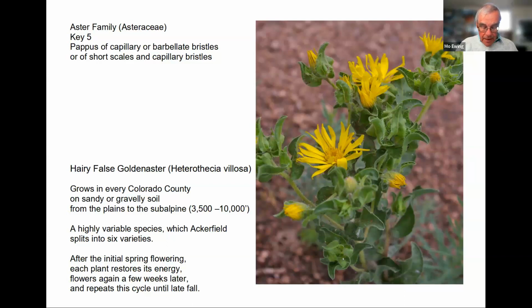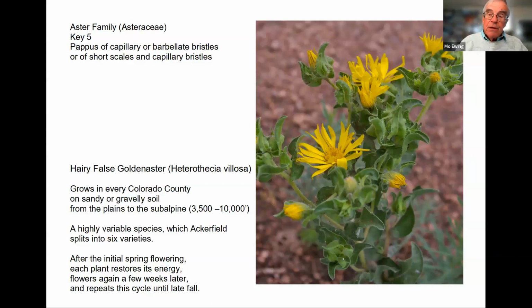Variety pedunculata has solitary flowers and is found only on the western slope. So this is not pedunculata. Variety nana, she says, has leaves with contorted margins after drying. So you've got to take the plant, dry it out, and see if it gets contorted margins. So in this case, I would just go with Weber and Whitman and just say Heterotheca villosa and be happy with it.